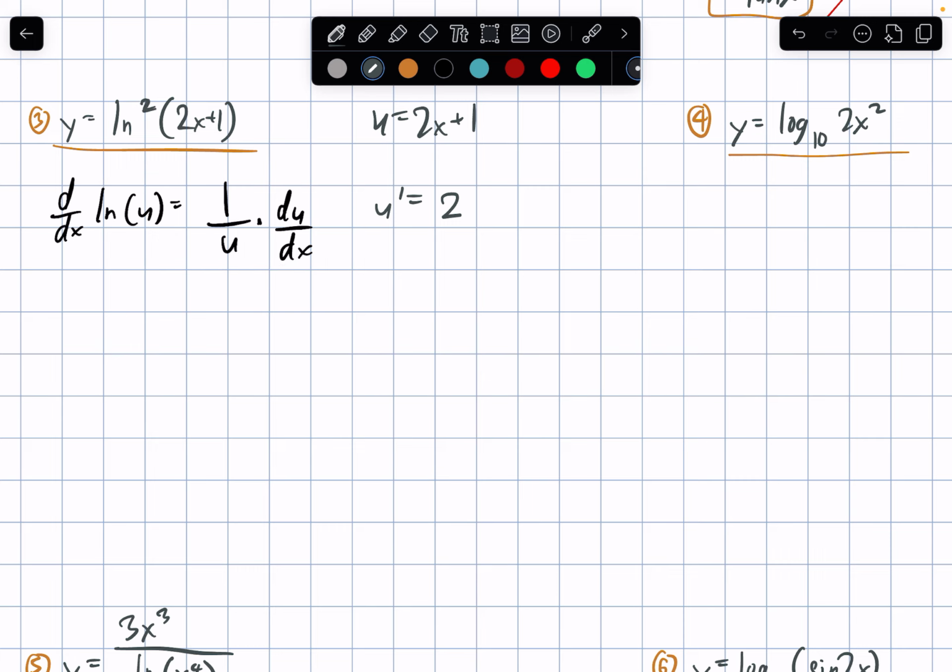We have an exponent here. So I suppose we apply chain rule. 2 ln 2x plus 1 times the derivative of 2x plus 1, I believe.